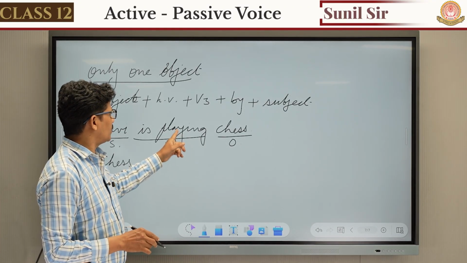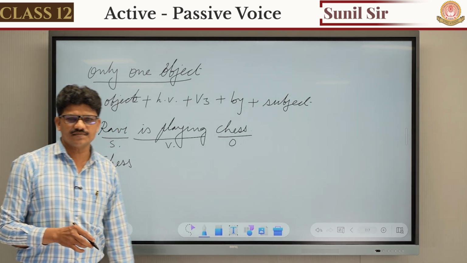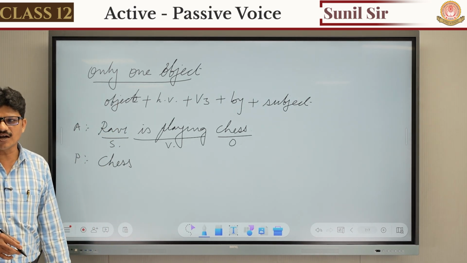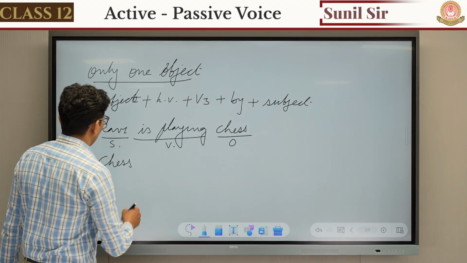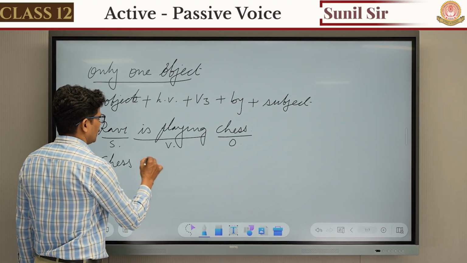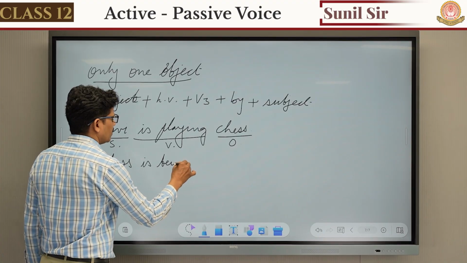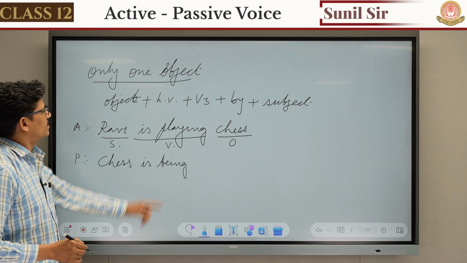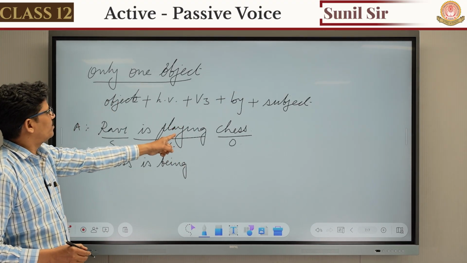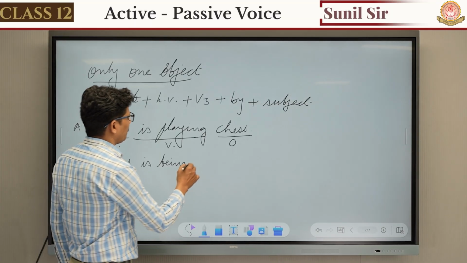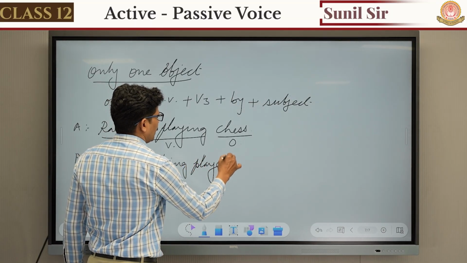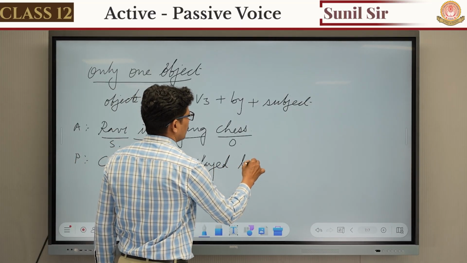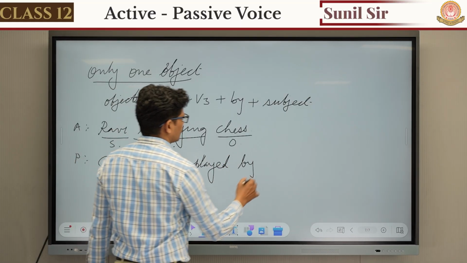If it is present continuous tense, helping verb will be am, is, are plus being in passive voice. So chess will take is being, chess is being. Then third form of the verb, playing third form, that will be played, played by subject, that is Ravi.